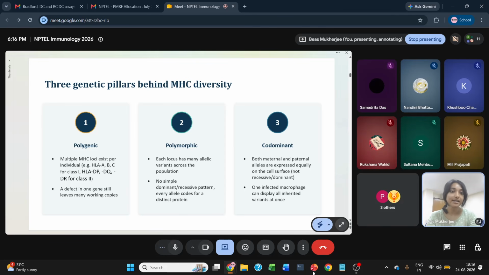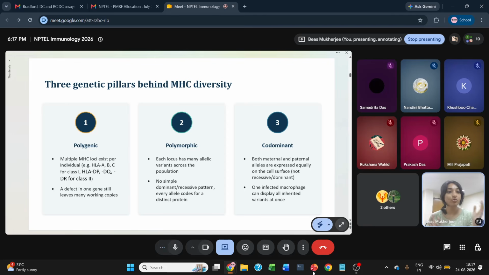And the second thing is polymorphism. Now we talked about alleles, right? Your MHC will be different from my MHC, and that is why graft rejection happens. This means that each locus has many allelic variants across the population. So there is no simple dominant-recessive pattern, and every allele codes for a distinct protein. What does this mean?